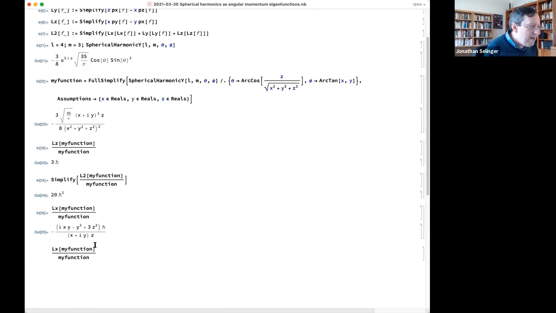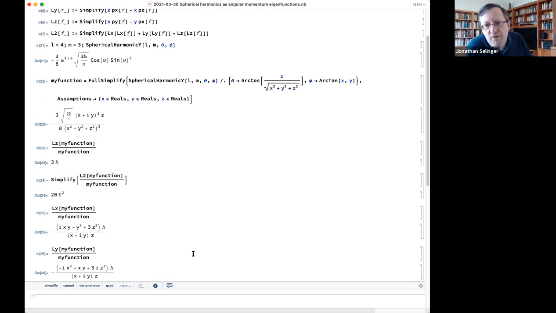Likewise, Ly acting on the function is not a constant times the function. So this thing is not an eigenfunction of Lx or Ly. It is an eigenfunction of Lz, but not Lx and Ly.